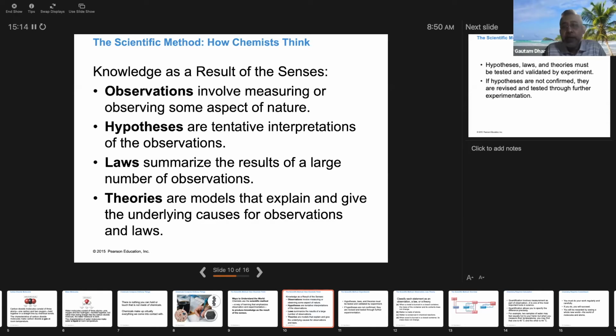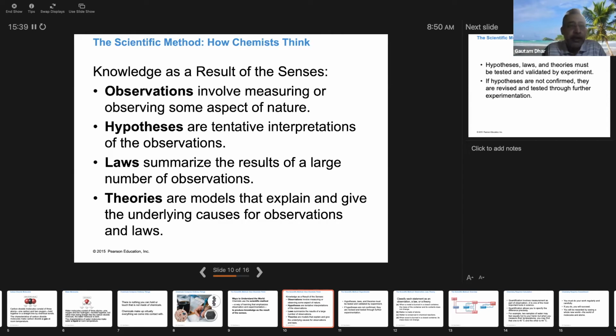So, like if you see that the sun rises in the east and sets in the west, if you are the only one watching it, then it's an observation. So you can make a hypothesis about how the Earth is rotating. But that's the explanation, and we'll go to the explanation later.